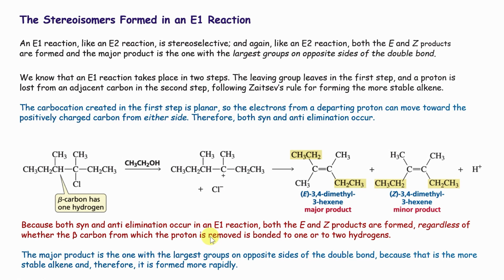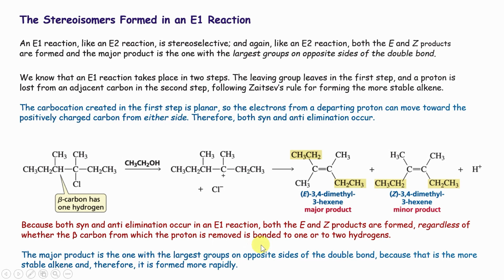That is the favorable condition for elimination in the E2 reaction, while both syn and anti-elimination occur in an E1 reaction. Both E and Z products are formed regardless of whether the beta carbon from which the proton is removed is bonded to one or two hydrogens.